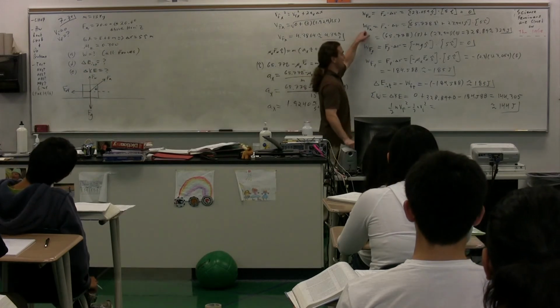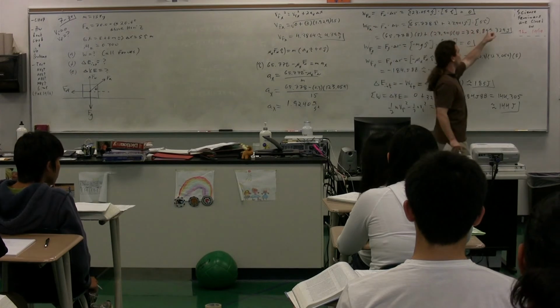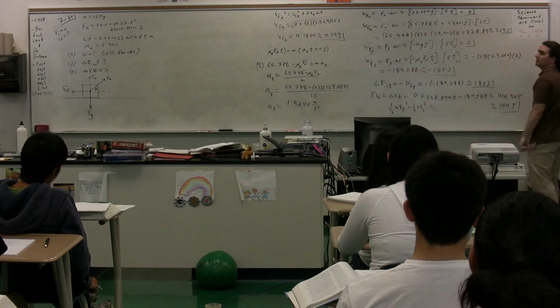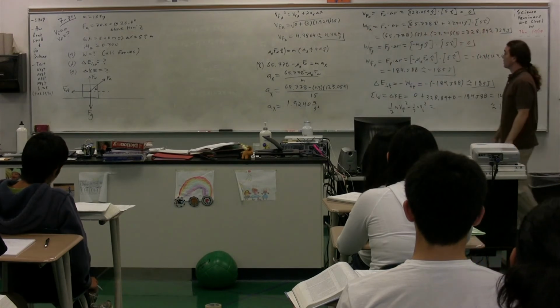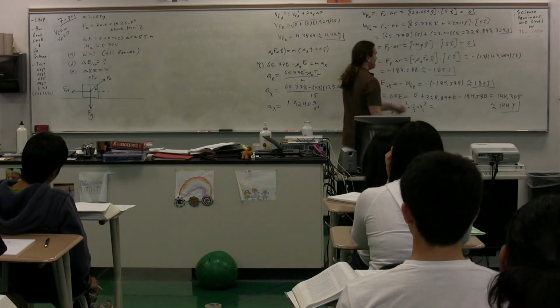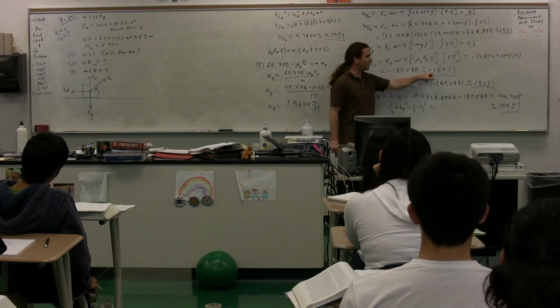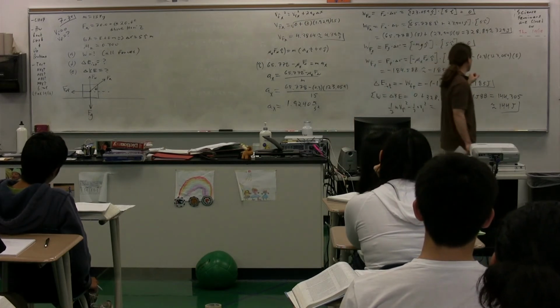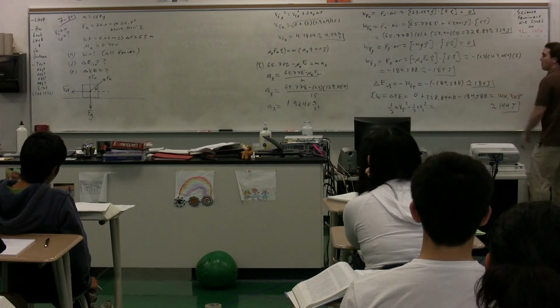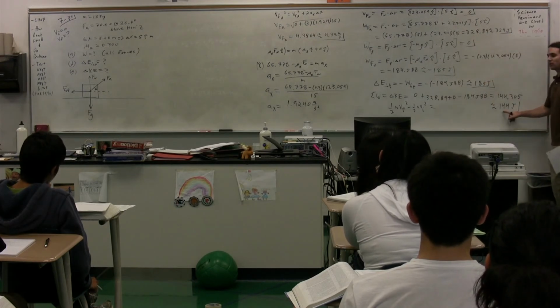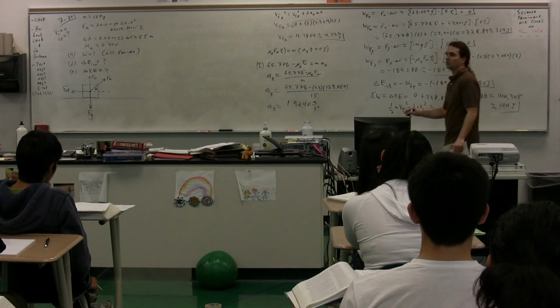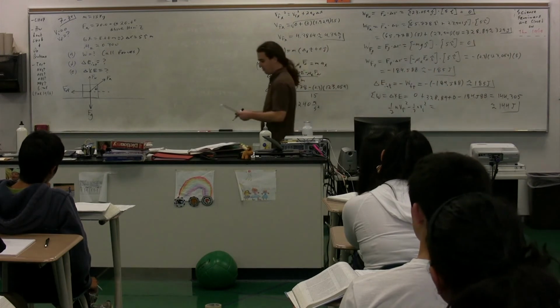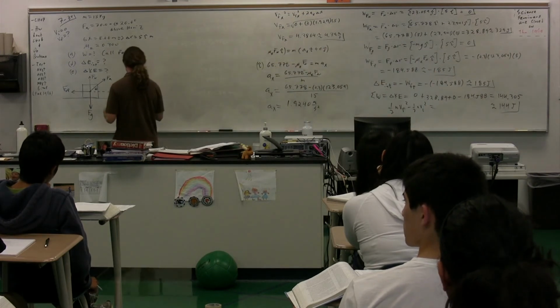The force applied transfers 329 joules of energy into the system. 185 joules of that energy goes into internal energy of the system. The remaining energy, 144 joules, goes into changing the velocity or changing the kinetic energy.